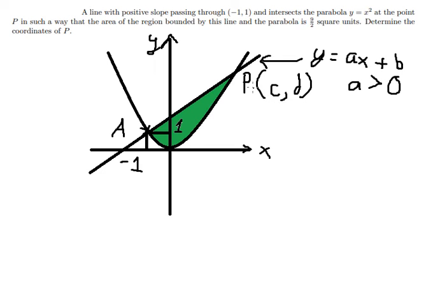Now we see that P belongs to the parabola y equals x squared. Now if this one is C, then D should be C squared, because we put C in here to find the value of y. That's why you get C squared.